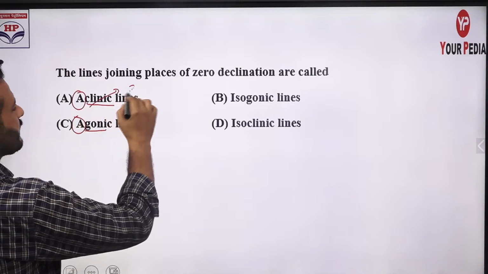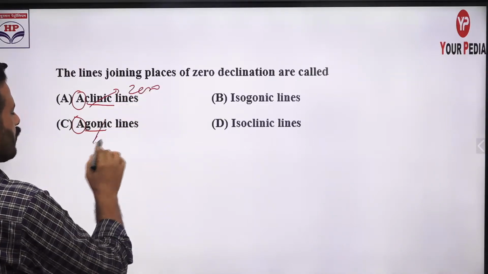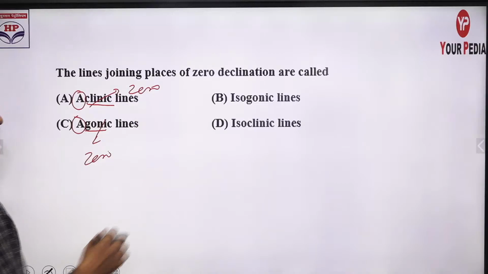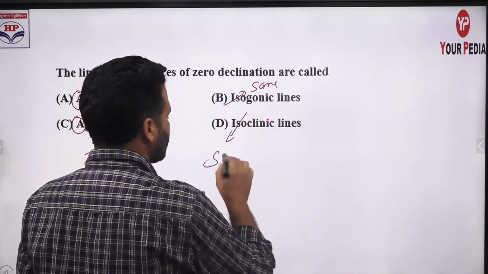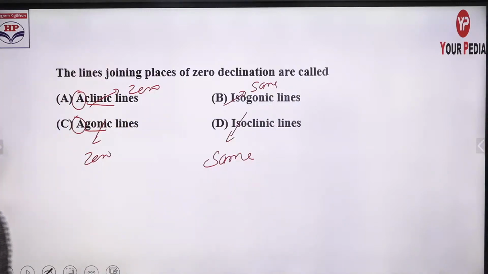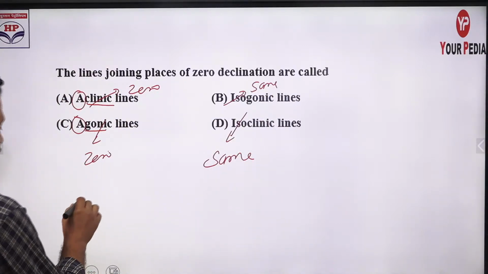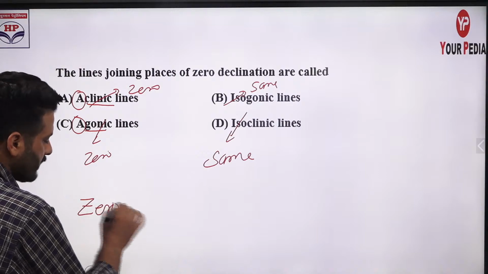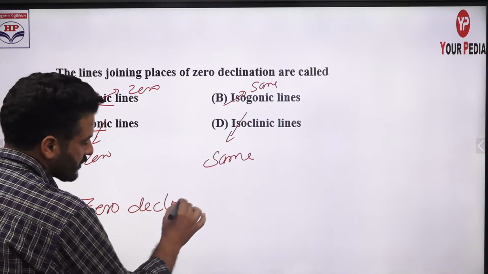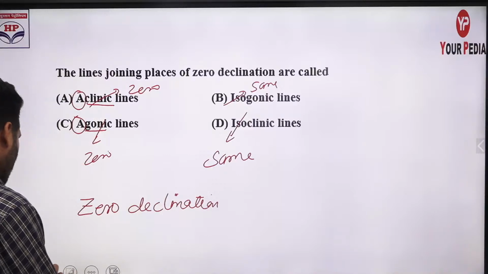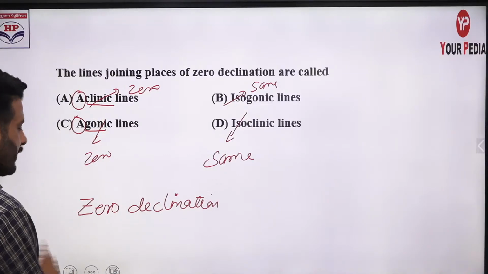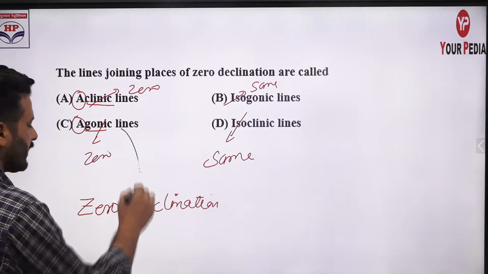This is basically for zero. A is for zero. Iso means same. So whenever we are dealing with the zero declination point, declination is the angle between the true meridian and magnetic meridian, the horizontal angle. This is the agonic line.